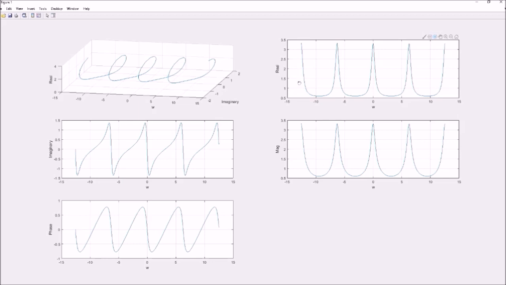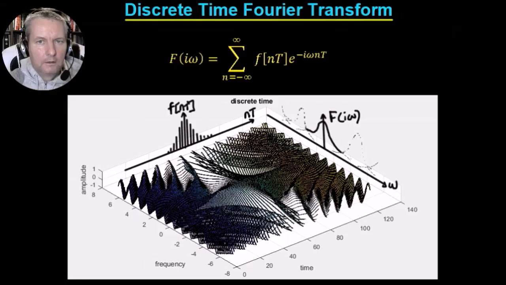We generate the magnitude by taking the real squared plus imaginary squared and taking the square root. It is in effect like drawing a line through the centre of this and taking the line up to the point on the curve, and we get up to that point by taking the square of the imaginary plus the square of the real. All those lines are just set out in a single axis here, and that's the magnitude. And also we have the magnitude and the phase here at the bottom. So that's us finished with the Discrete-Time Fourier Transform.